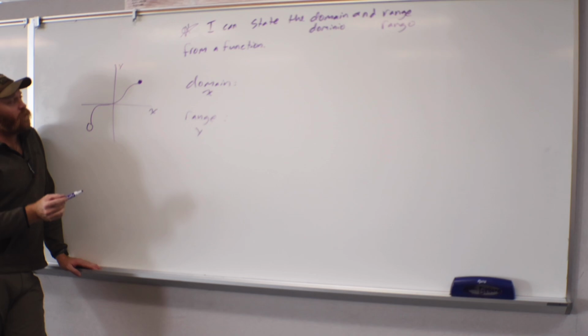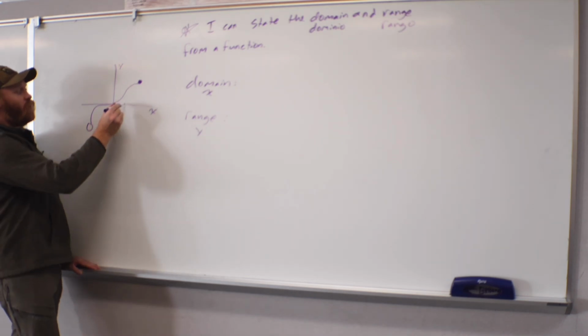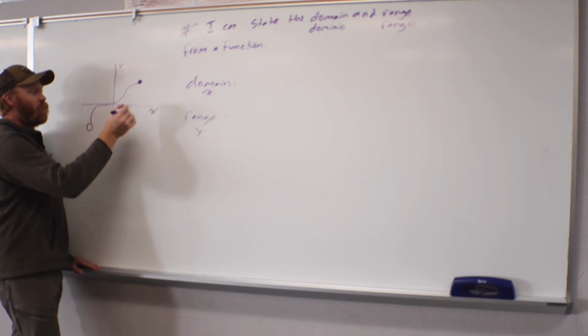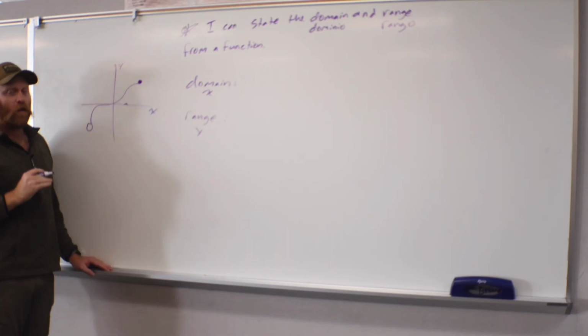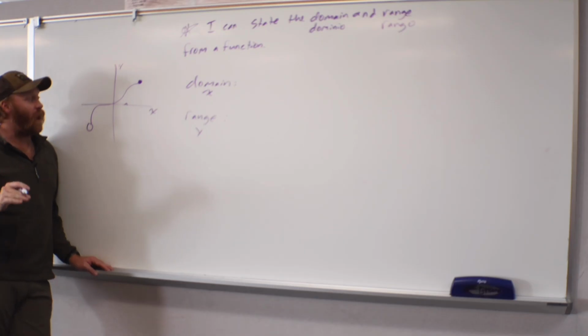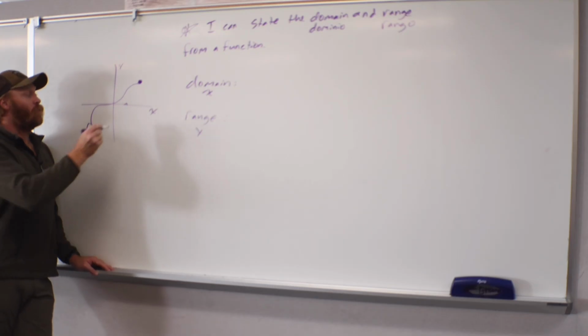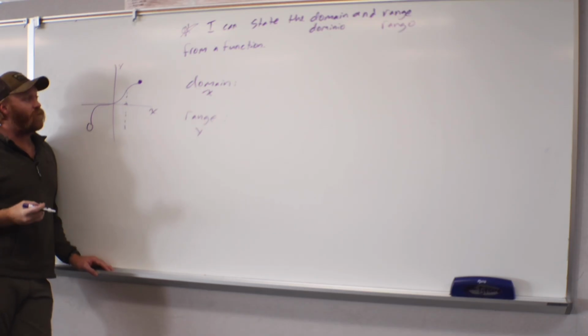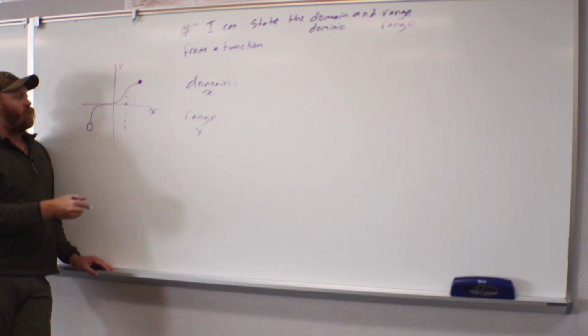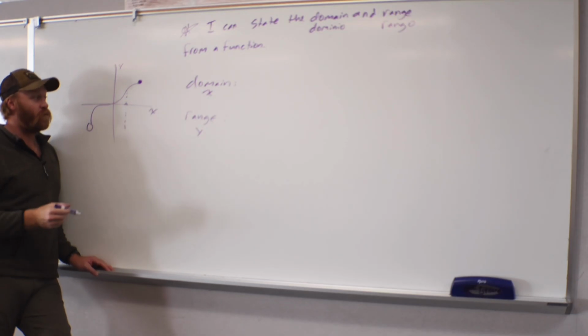So the way I explain it to my students is, if we're starting with our domain, our x values on our x-axis, if we were a little ant walking along that x-axis, and we look up or down and we see the graph, that's going to be part of our domain. So right there, that would be part of the domain.